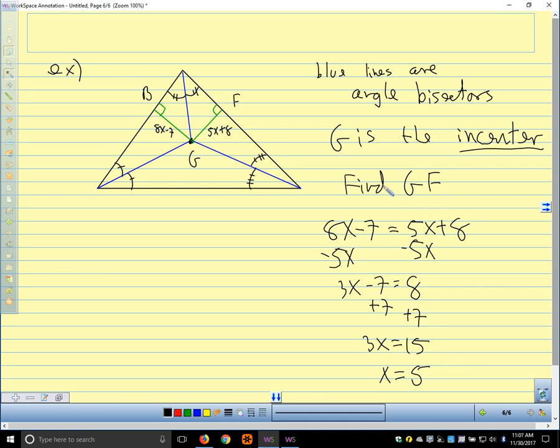And the problem says find GF. So GF is 5 times 5 plus 8, which is 33. And that should turn out to be the same as the other segment. 8 times 5 is 40, minus 7 is 33.